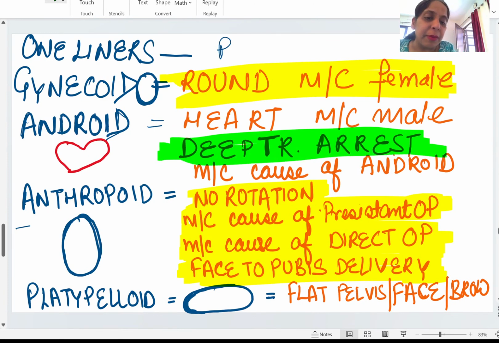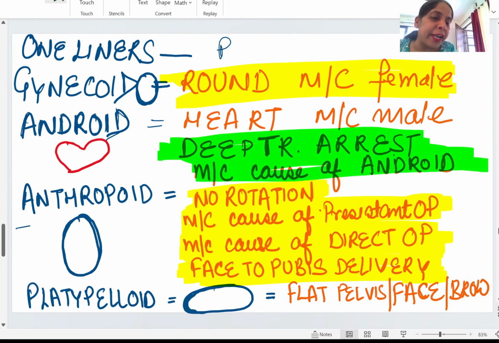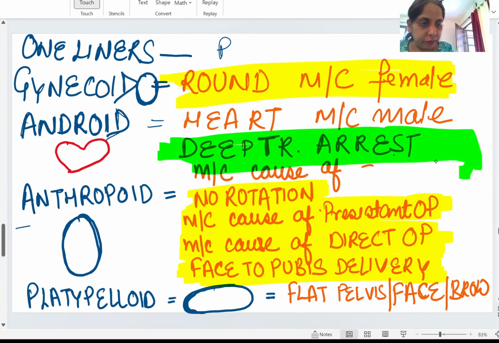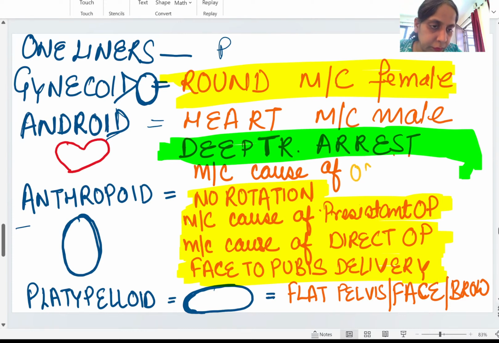Which pelvis is the most common cause of occiput posterior?